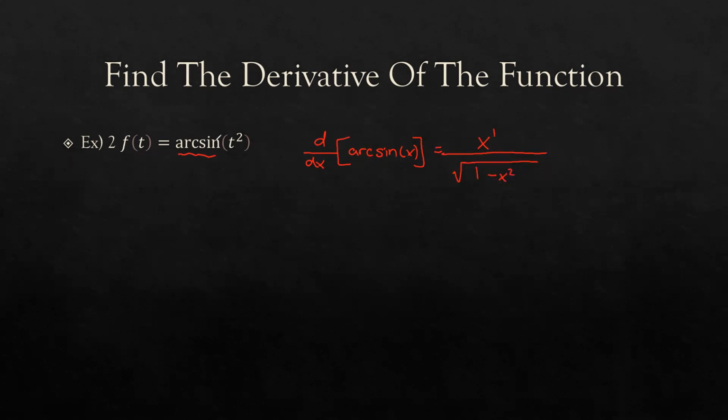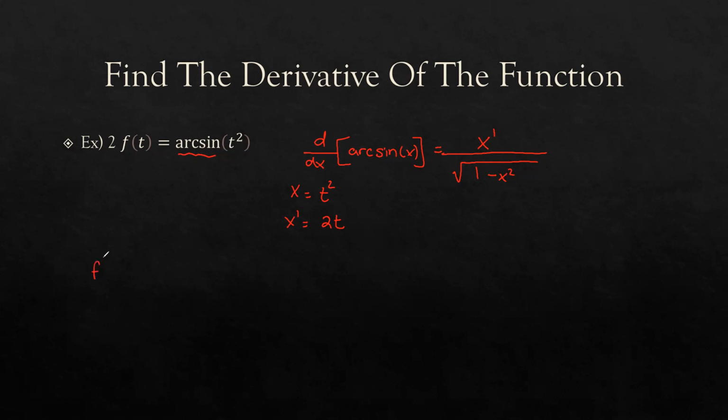The thing is, our x is not x. What is our x? Our x is t squared, right? So find x prime. That would be 2t. Okay, so I think that's all we really need.